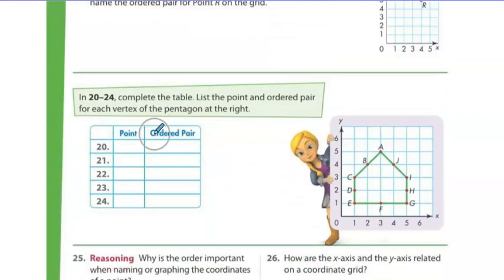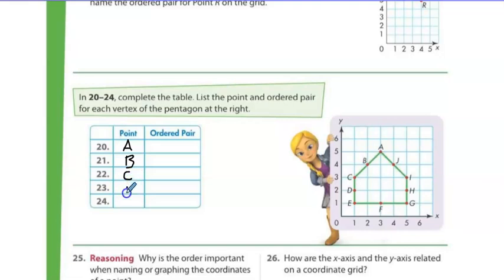On this one, it says complete the table. So basically, your point would be A, maybe you could do B. So you honestly are picking whatever you want.